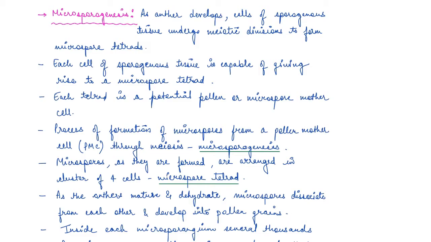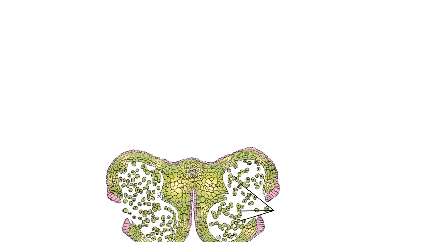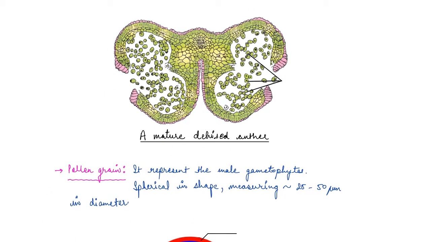Inside each microsporangium, there can be several thousands of microspores or pollen grains, which are then released with the dehiscence of the anther. If you see this structure, this is a mature dehisced anther.